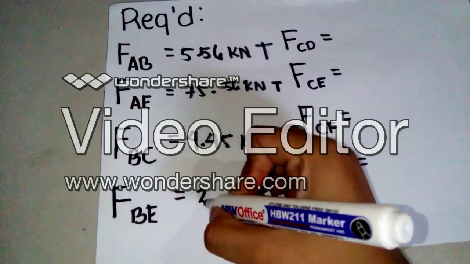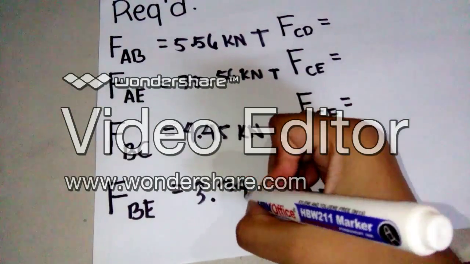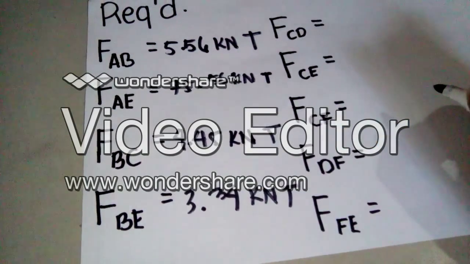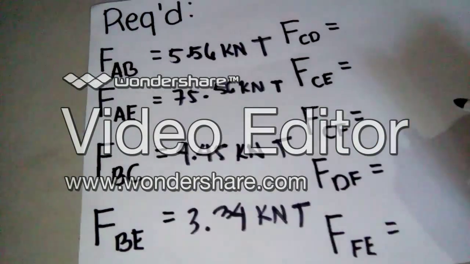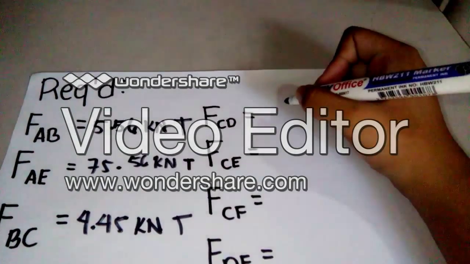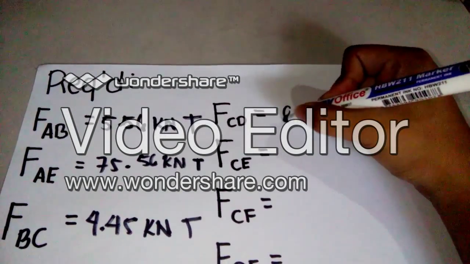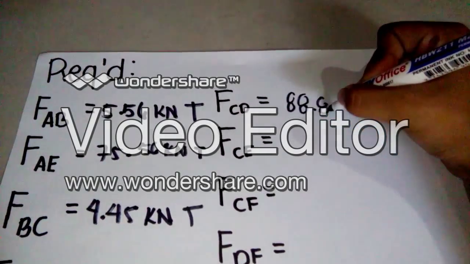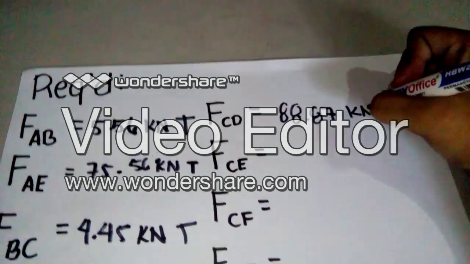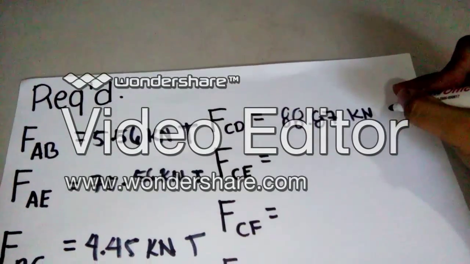FBE is equal to 3.34 kilonewton tension. So FCD, we have 88.87 kilonewton compression.